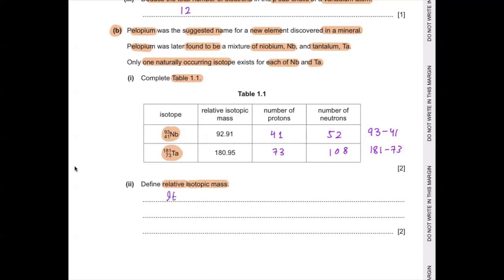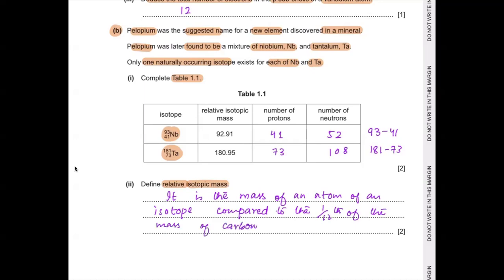So it is the mass of an atom of an isotope compared to 1/12 of the mass of carbon-12. You have to mention that it is either a carbon-12 atom or the carbon-12 isotope.